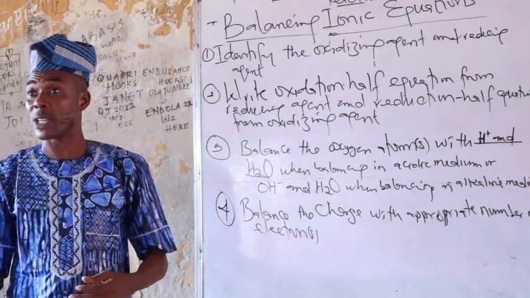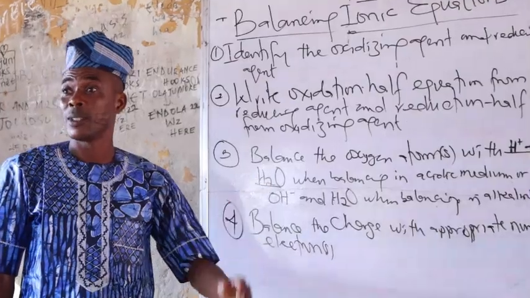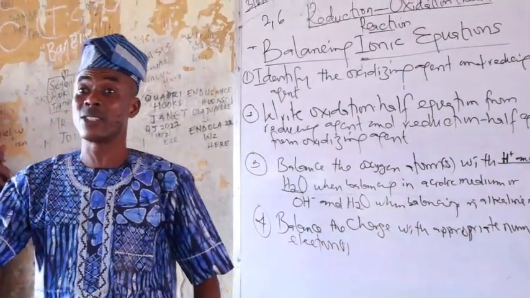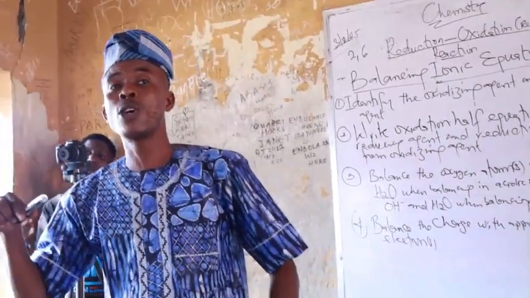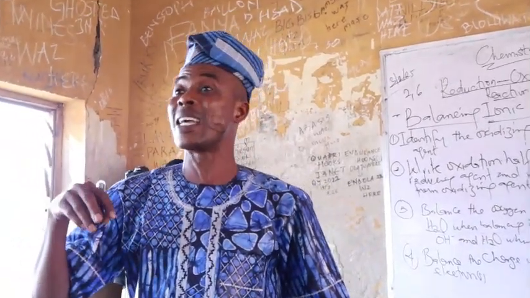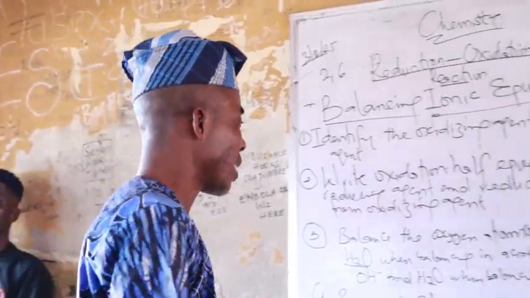Where they are different in charge, you balance it. Usually, when you want to balance charge, the electron you are using should be added to where there is increase in charge. We'll look at that later.